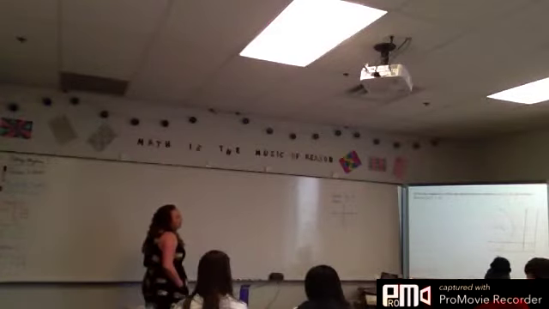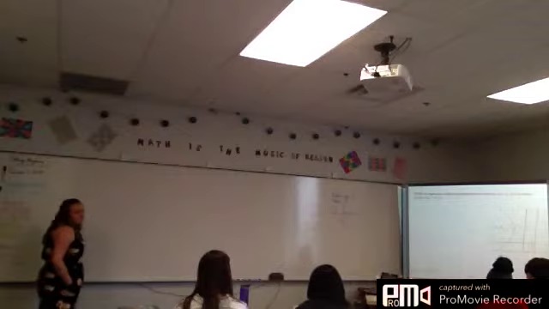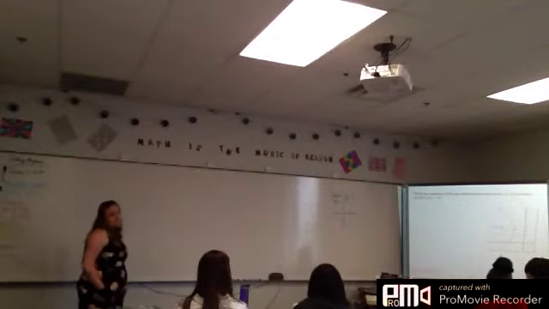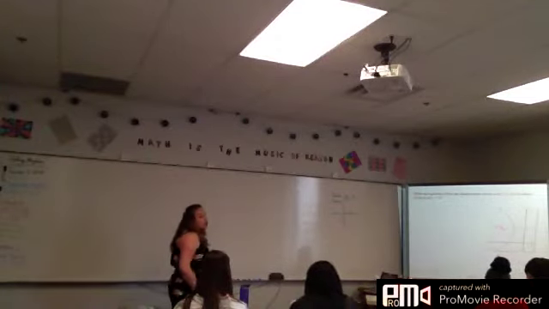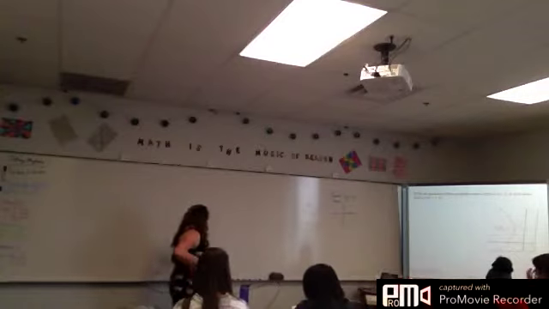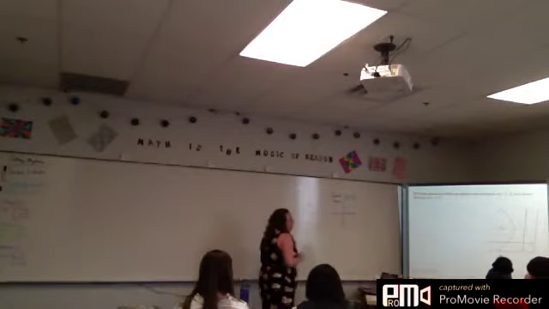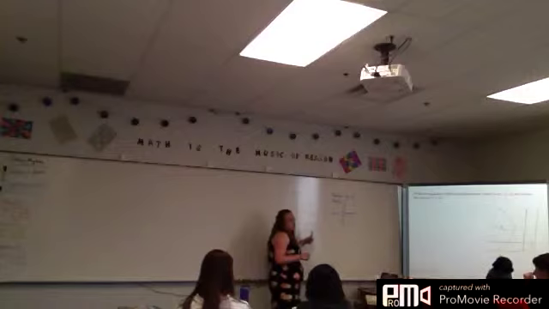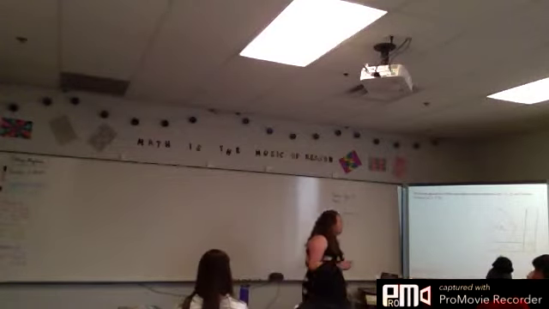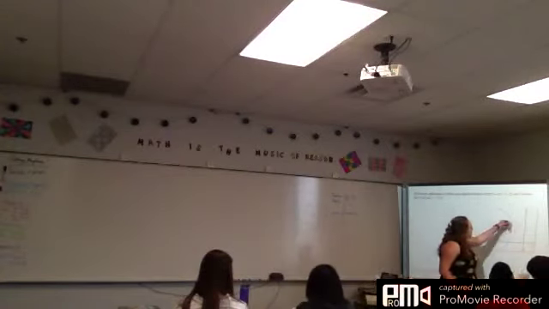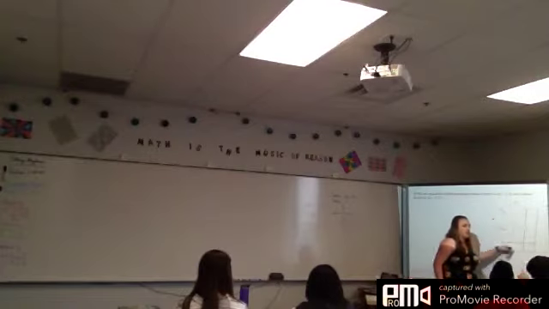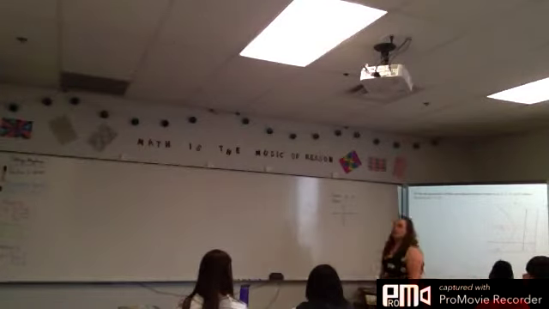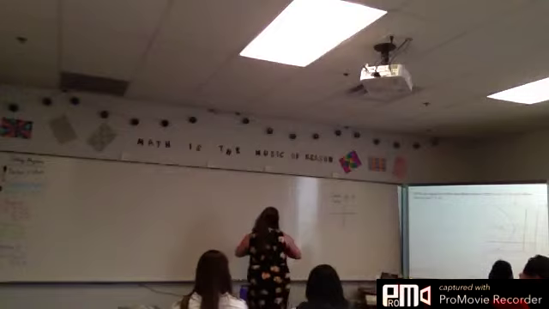Is it x squared equals or y squared equals? It's y squared equals because it's facing to the left or to the right. If it's y squared, it's parallel to the y axis. If it's x squared, it's parallel to the x axis.